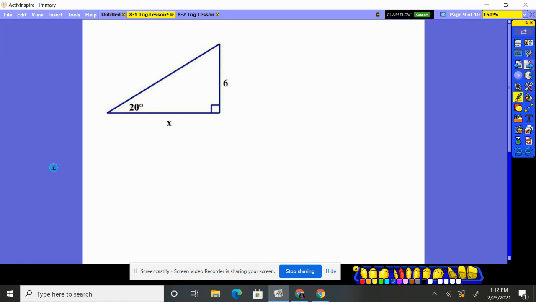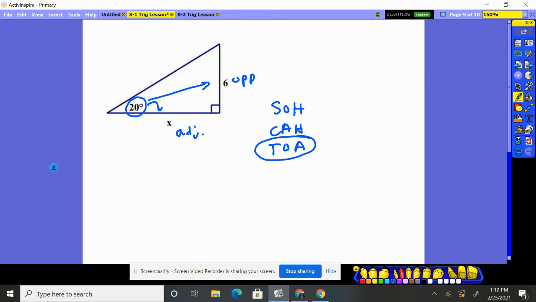What about this one? Okay, well, here's my angle. I got opposite, and I got this adjacent, right? So I have opposite and I have adjacent. Some old hippie caught another hippie tripping on acid. Looks like you got opposite and adjacent, so you're using the tangent relationship.